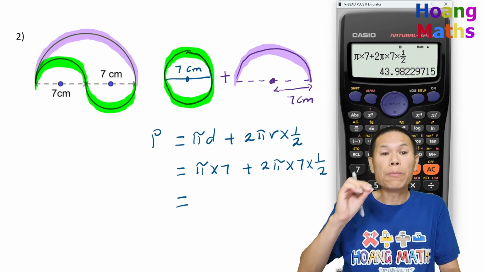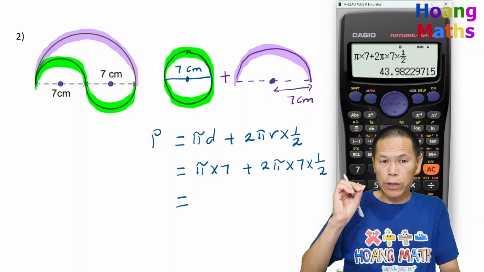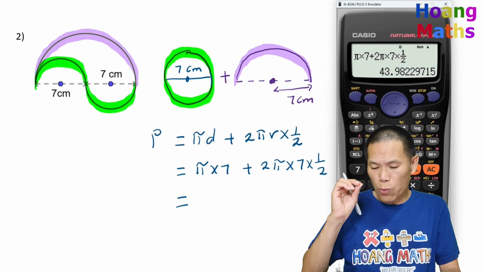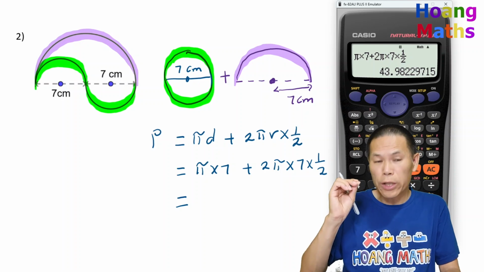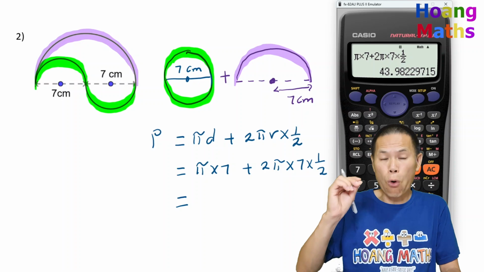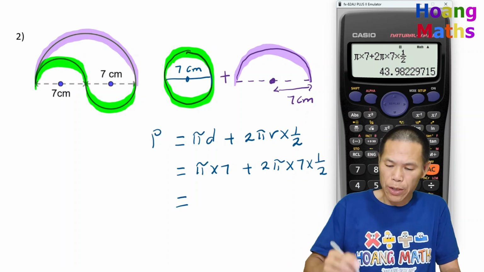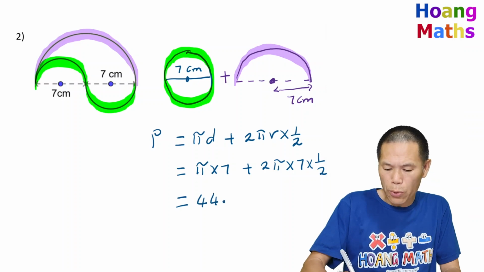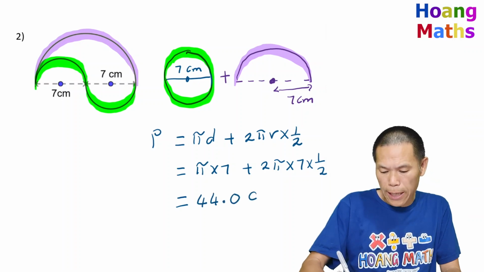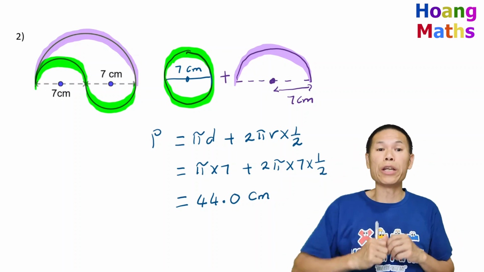So the answer is 43.98 and so on. Correct to 1 decimal place, that would give me, because 9 plus 1 is 10, instead of 43 it becomes 44.0. Okay, because 9 plus 1 is 10. So that is 44.0 centimeters. So there you go. And I hope you got it correct.